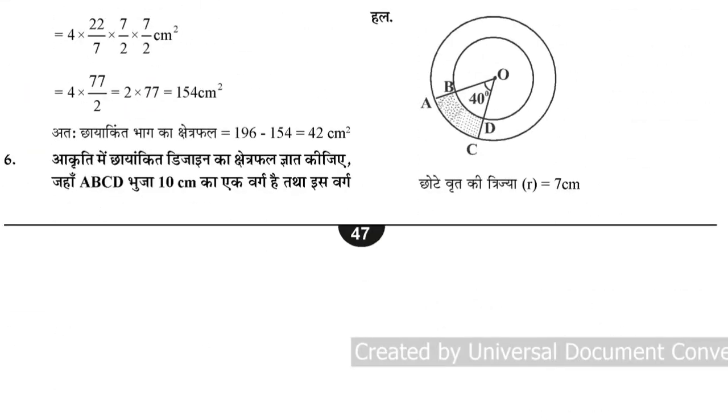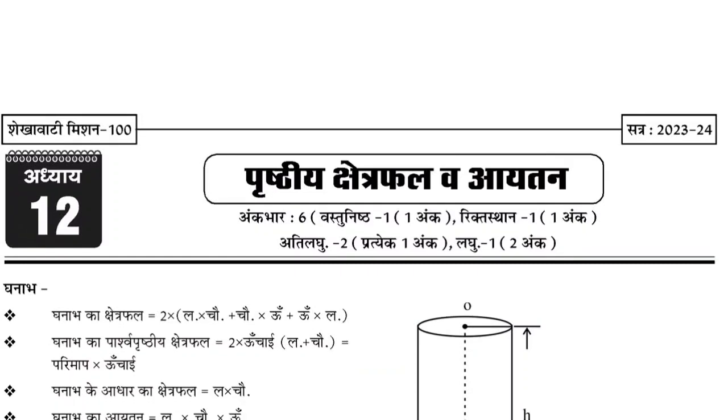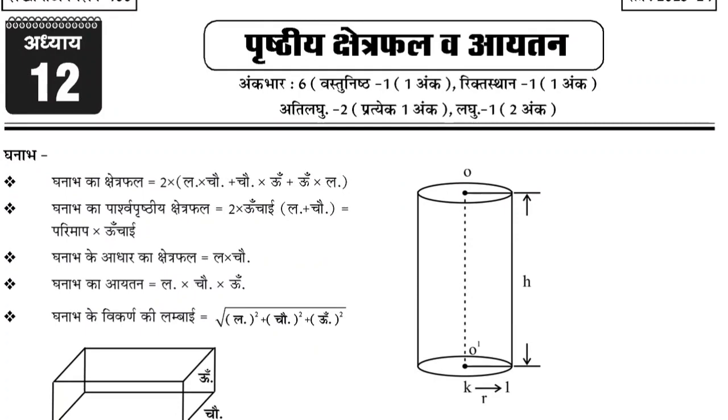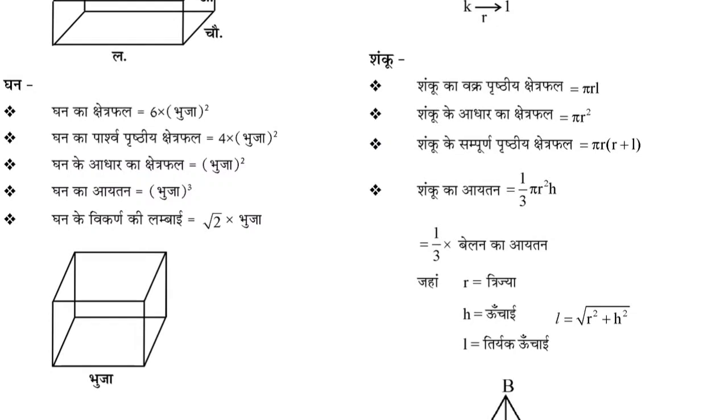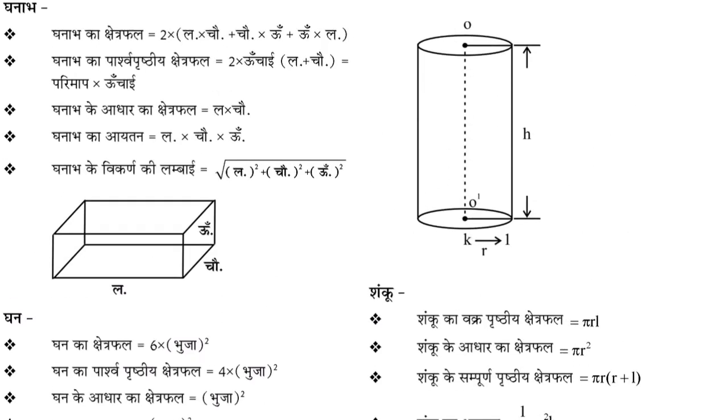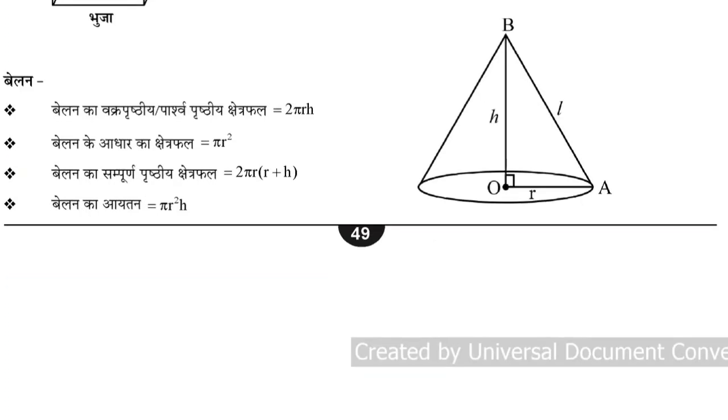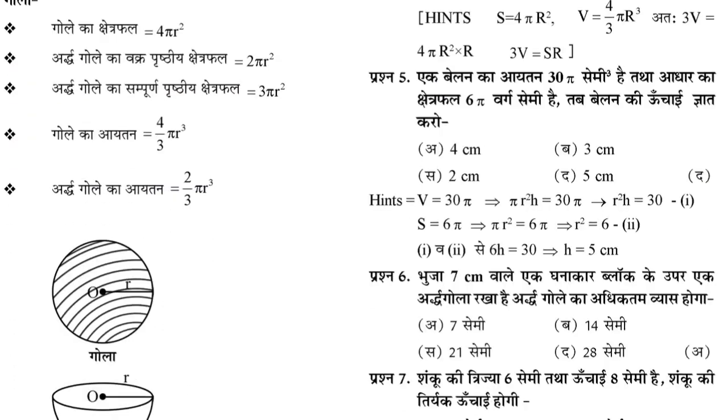Next is the 12th chapter, surface areas and volumes. This chapter depends on formulas: the cuboid formula and volume of a cuboid, volume of a cube, and also the formulas of sphere, cone, cylinder, etc. are most important. Please learn them and apply them in the exam paper.